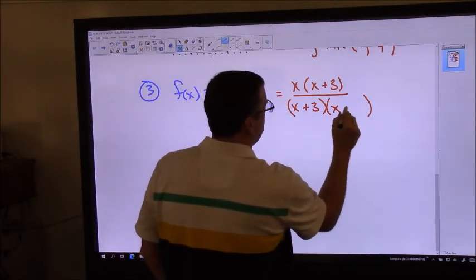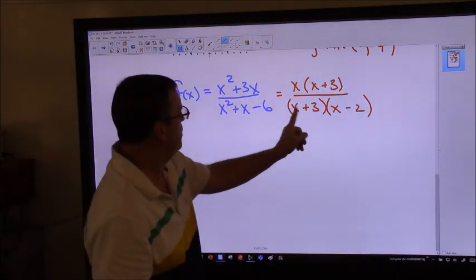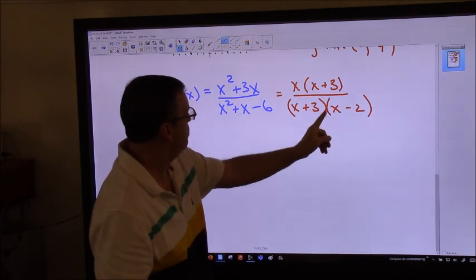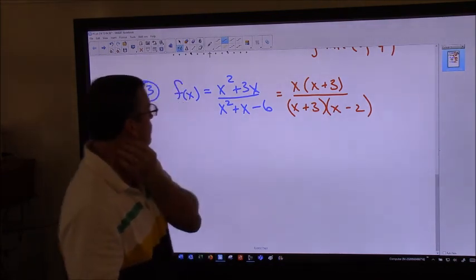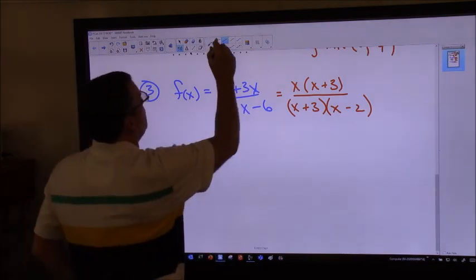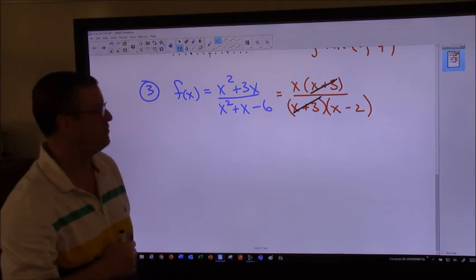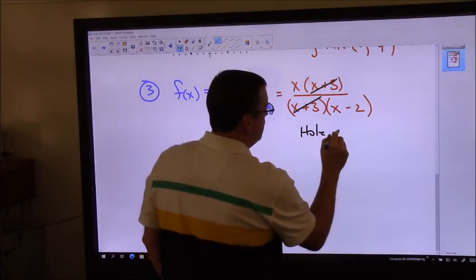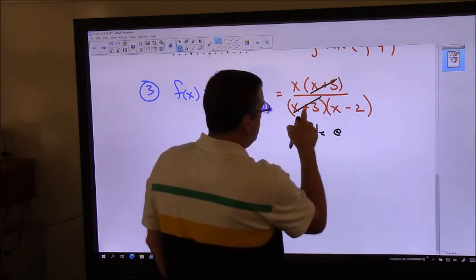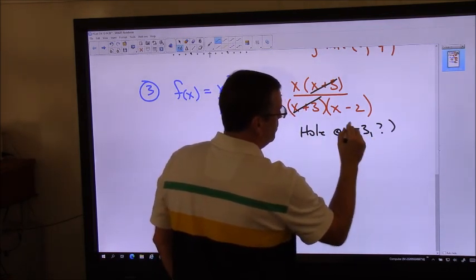So +3, -2. That'll give me my x squared, I'll get -2x plus 3x, that adds up to this, and 3 times -2 is -6. So 2 factors cancel. That means there's a hole in the graph, right? So we're going to have a hole at -3, comma something. We're not sure yet.